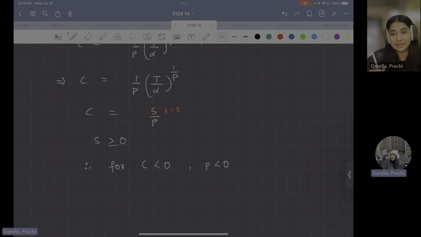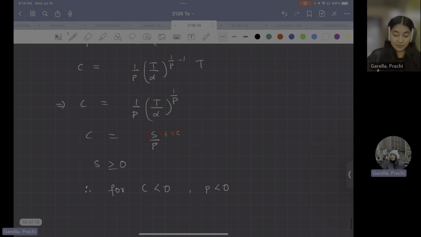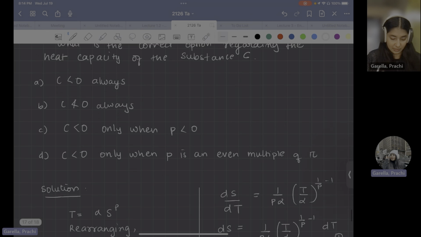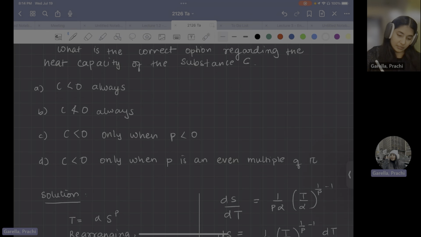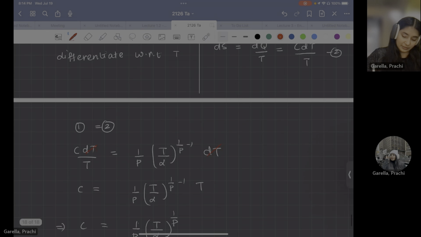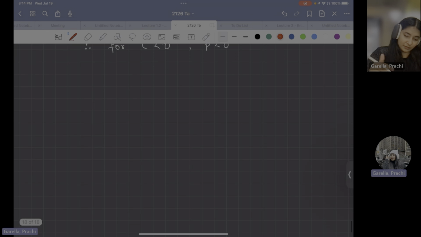And that's the only way that C can be negative. So let's see if we have an option that says that, and we do. Option C says that C is less than 0 only when P is less than 0. Okay. So that's your first question.